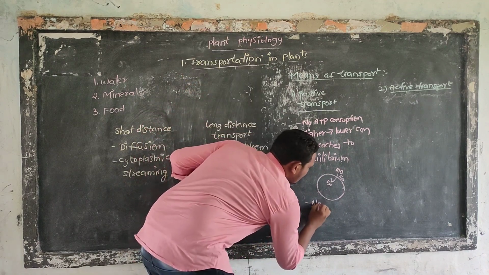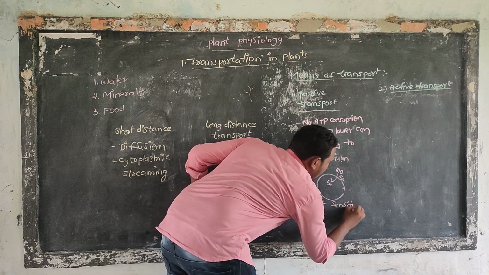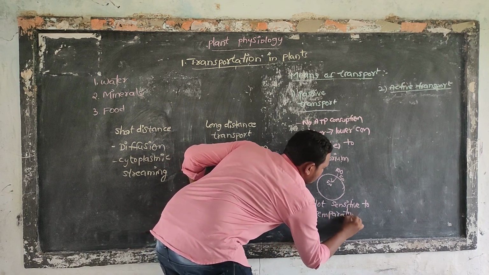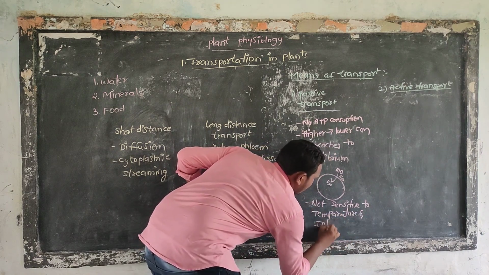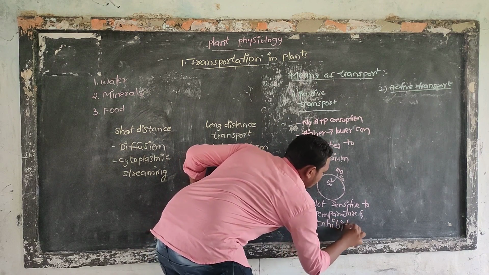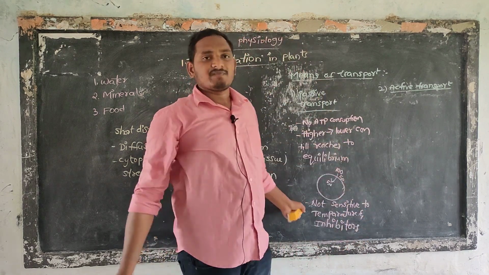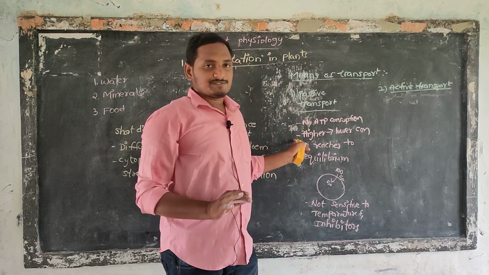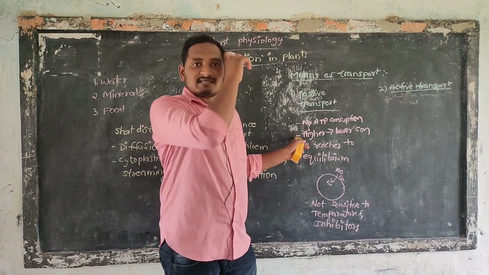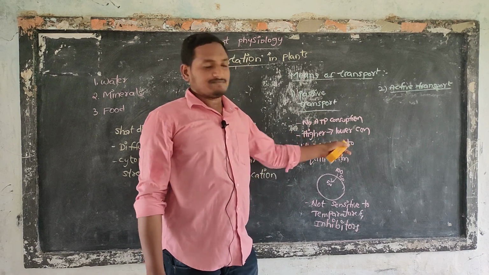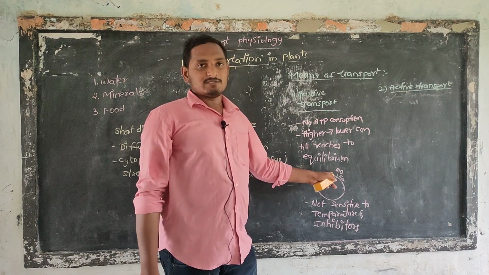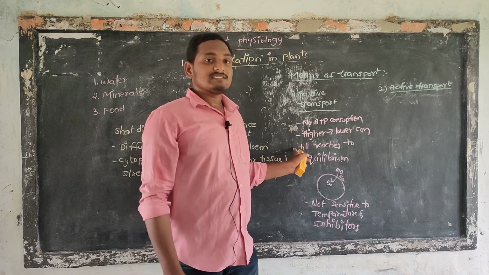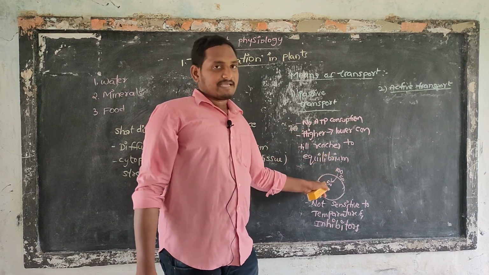Inhibitors are nothing but chemicals. So in this passive transport system, there is no ATP consumption, and molecules are transferred from higher concentration to lower concentration till they reach equilibrium, a 50-50 distribution: outside 50, inside 50.